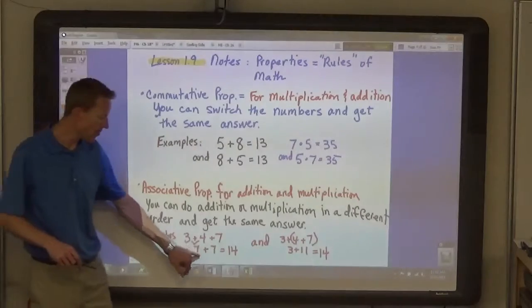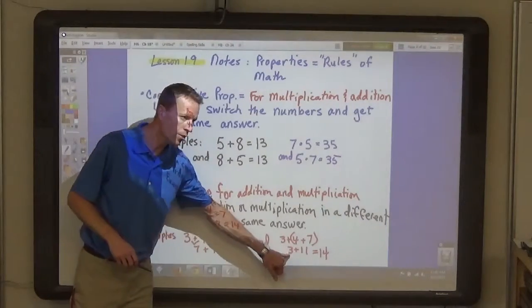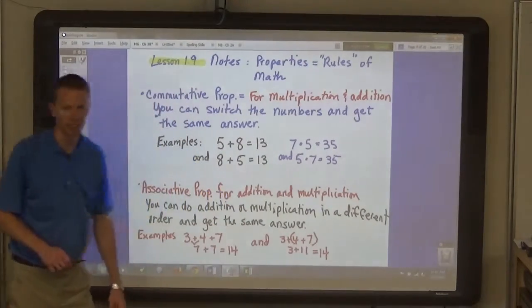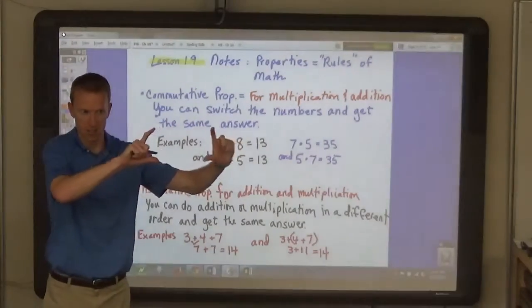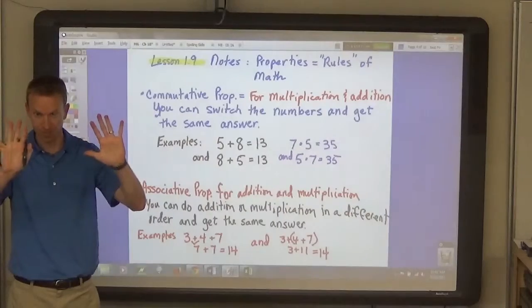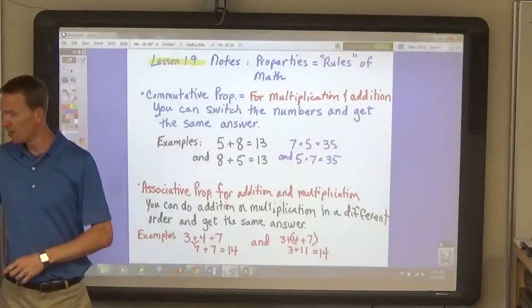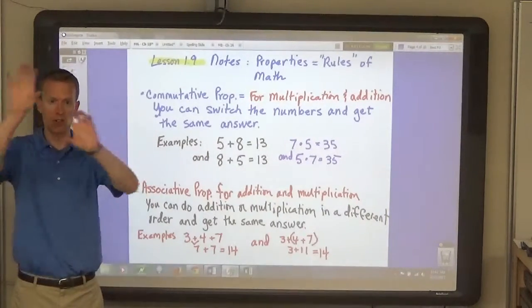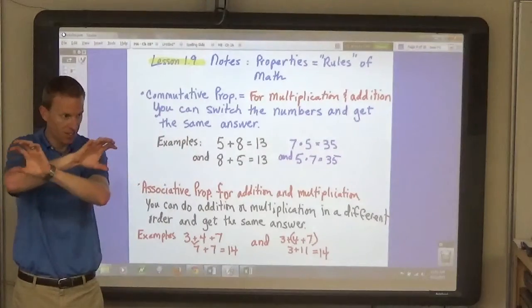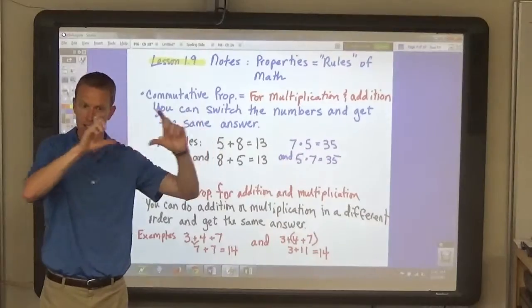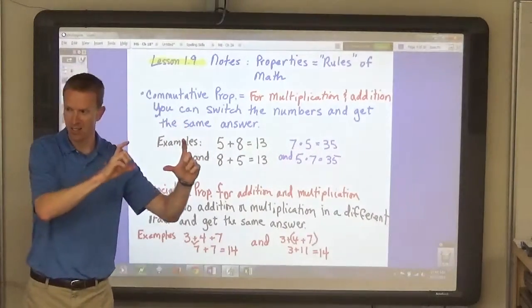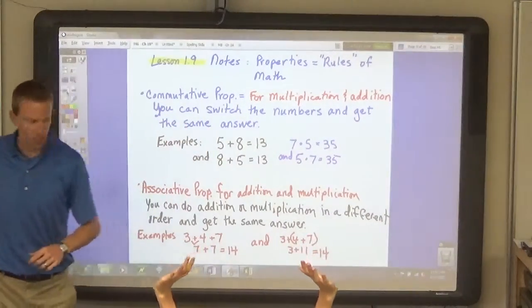So you can do 7 plus 7 and get 14, or you can do 3 plus 11 and get 14. That's the associative property, when you're moving the parentheses. Commutative property is where you switch the numbers. Associative property is moving the parentheses. Okay? Let's go on.